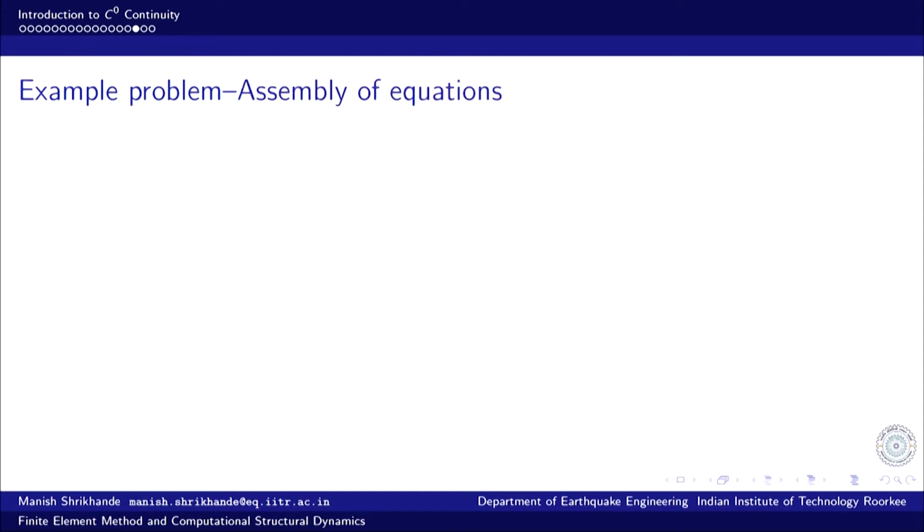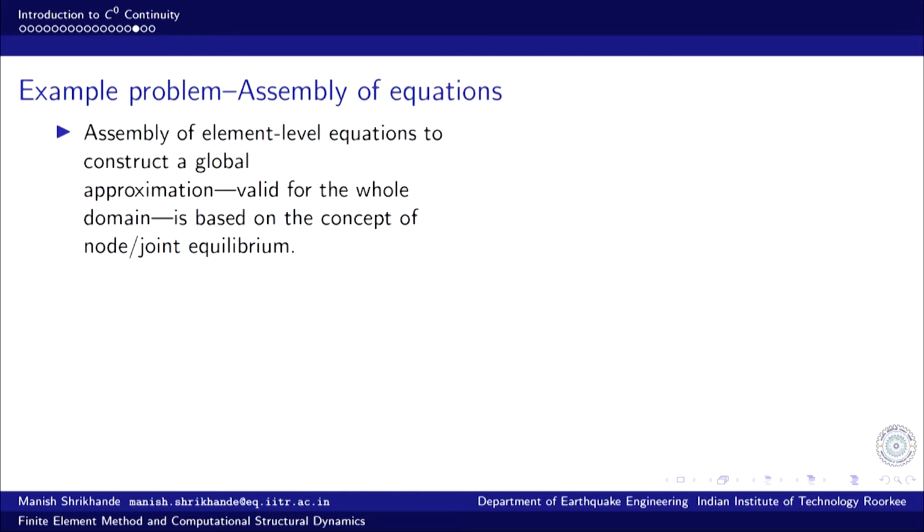That is called assembly of equations. So, we consider assembly of element level equations to construct a global approximation which is valid for the whole domain, and this is based on the concept of node or joint equilibrium. Equilibrium comes naturally to civil engineers or mechanics based formulation. Of course, similar constructs are applicable in other domains.